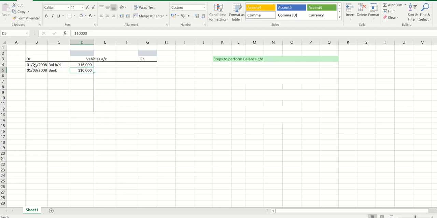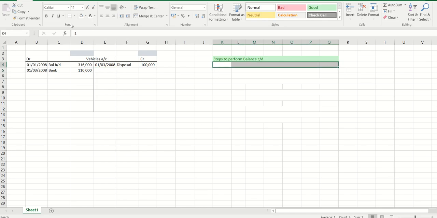And we sold vehicles on the 1st of March as well, so we're going to put them to a disposal account, 100,000. Okay, so they're just some transactions that we have in our account, and now we're going to perform the steps to balance the account.